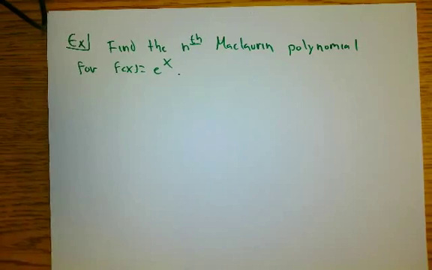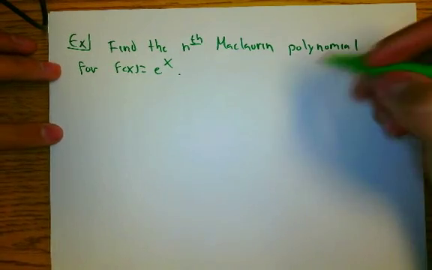Alright, so we're going to go ahead and try our first example. We're going to find the nth Maclaurin polynomial for f of x equals e to the x. Here's what we know. You're going to have to do this for all these types of problems.